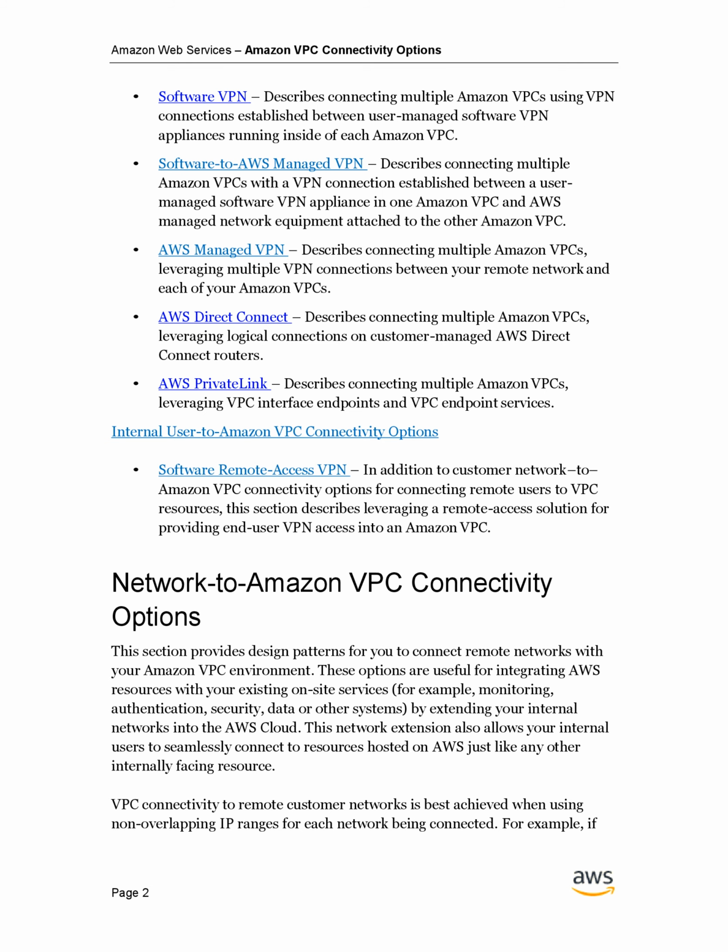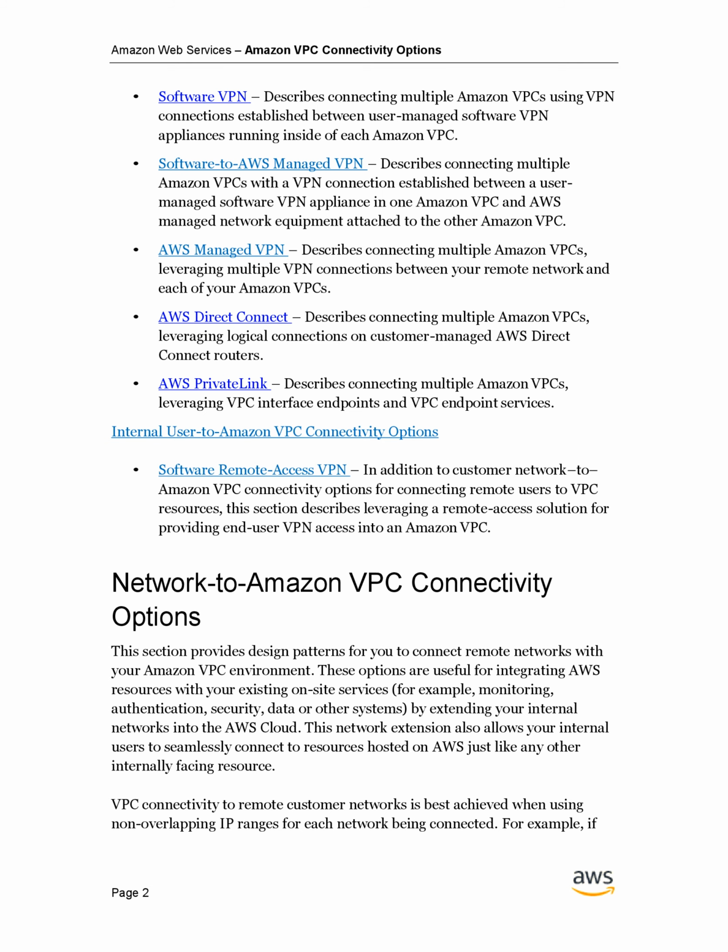This section provides design patterns for you to connect remote networks with your Amazon VPC environment. These options are useful for integrating AWS resources with your existing on-site services, for example, monitoring, authentication, security, data or other systems, by extending your internal networks into the AWS cloud.